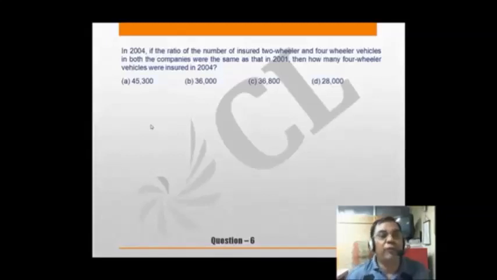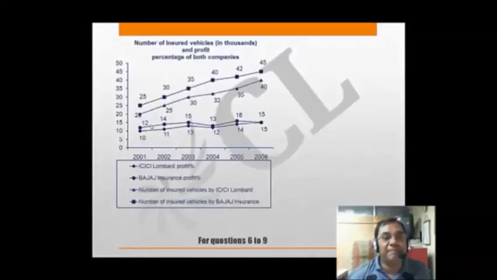If in 2004 the number of insured 2-wheelers of both the companies were the same, that is the ratio is 2:3, how many were insured in 2004? Okay, so we know that in the first case 3:2, 40% of ICICI.